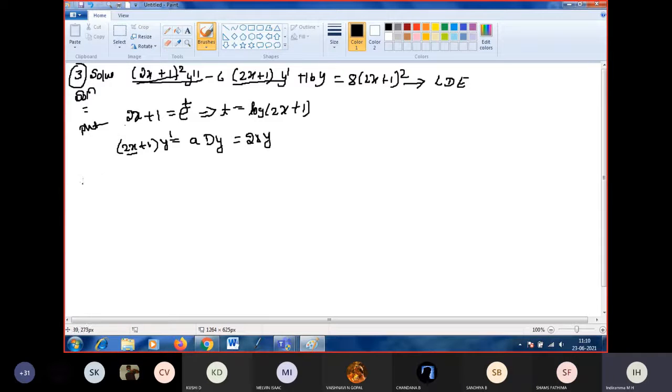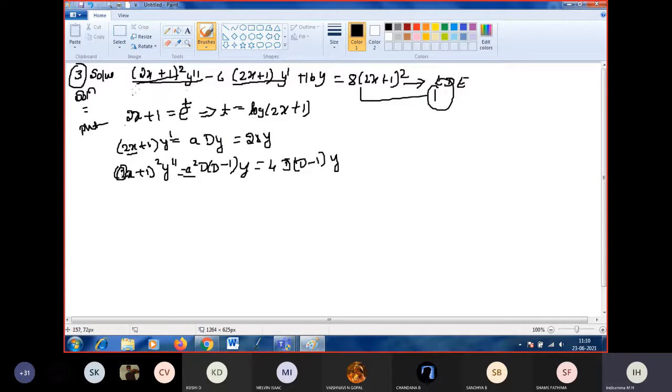Next, (2x+1)² y'' is equal to a² D(D − 1) y. Since a is 2, 2 squared is 4, so it is 4D(D − 1) y. Call this equation 1. Substitute all these values in equation 1.